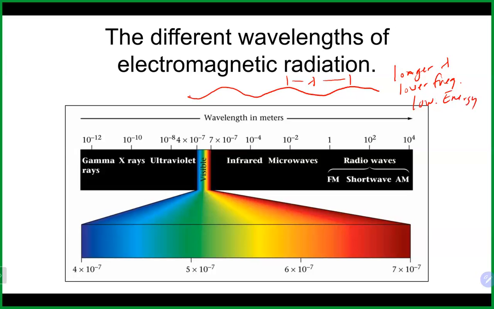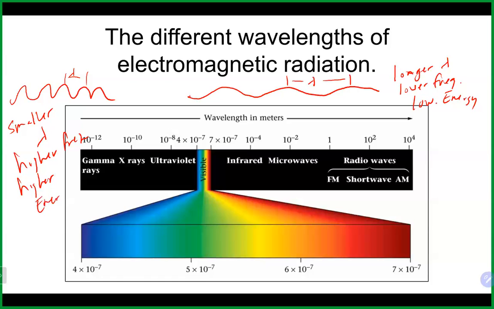Now, if we have a wave with a much smaller wavelength, like this, usually it will have a higher frequency. It's moving quite quickly through space, and that usually is higher in energy. So smaller wavelengths are higher in energy, and longer wavelengths are lower in energy.